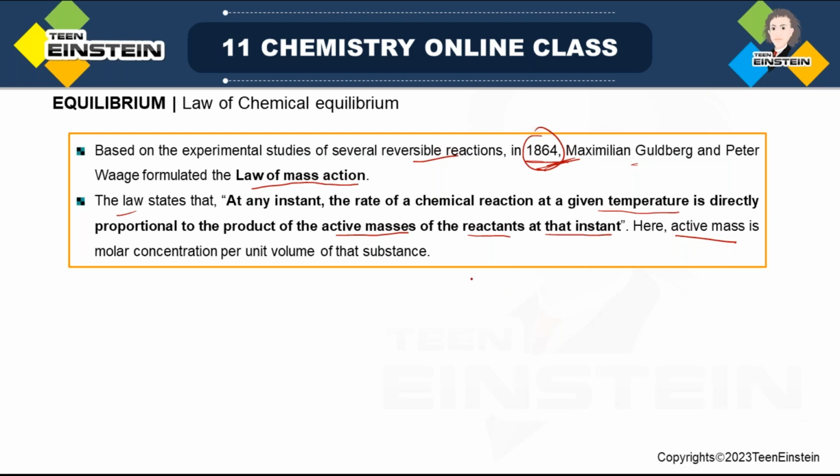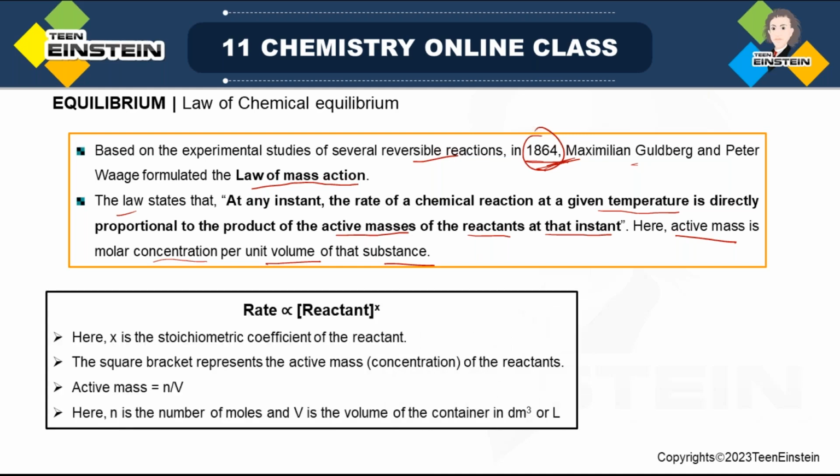So active mass is not a new thing, it is nothing but concentration. Active mass is the molar concentration per unit volume of that substance. Okay, so this is the law: at any instant, with temperature fixed, the rate of a chemical reaction is proportional to the product of active masses of the reactants.